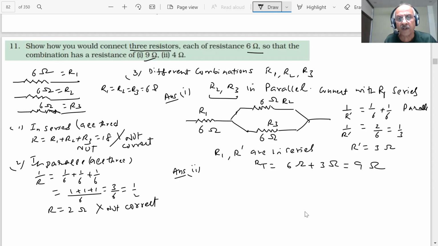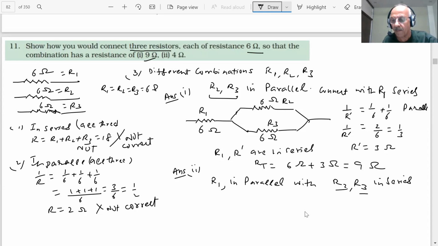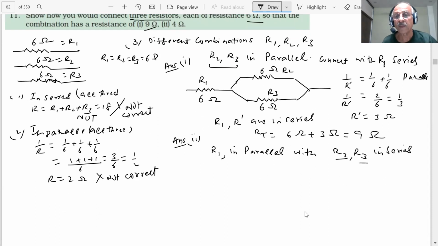If I have R1 in parallel with R2 and R3 in series, what type of circuit will it be, students? R2 and R3 are in series.